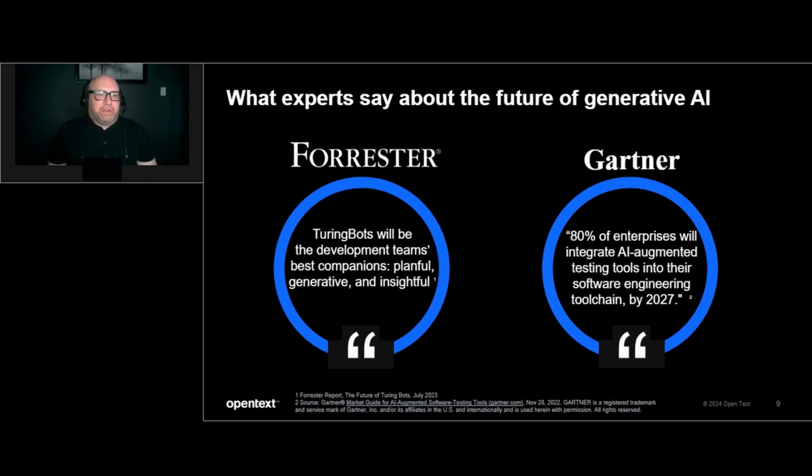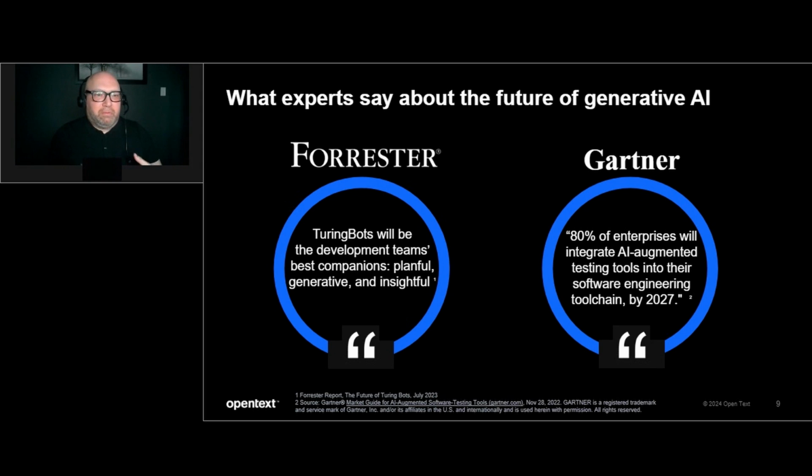Understandably, there are some concerns overall about it, but the top firms like Forrester and Gartner recognize Gen AI as the future of work. Forrester talks about Turing bots, which is AI-powered software that augments the capabilities of application development teams, helping them design code, test, deliver, and deploy better applications.